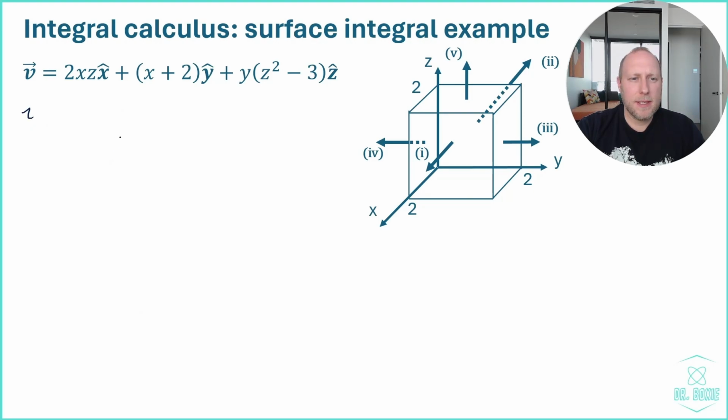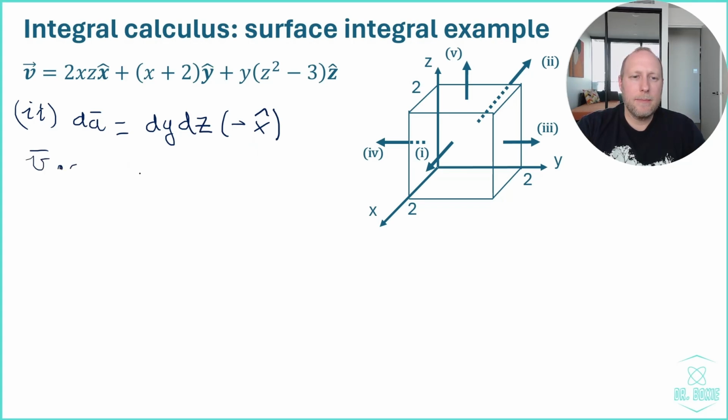For the second surface, dA is in this case again dy dz, but pointing in the negative x direction, so it's multiplied by minus x hat. And so v dot dA is minus 2xz dy dz.